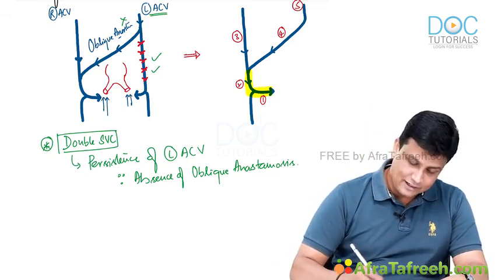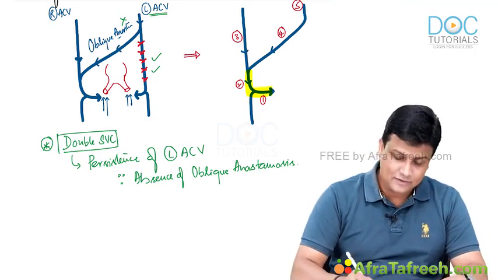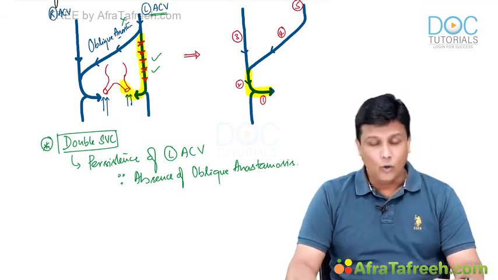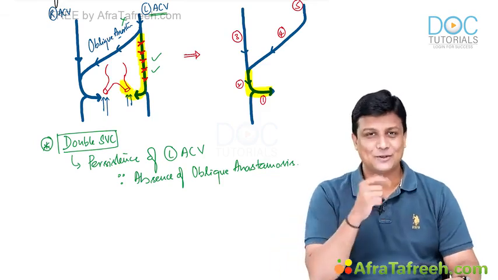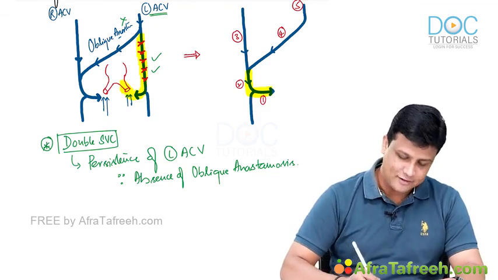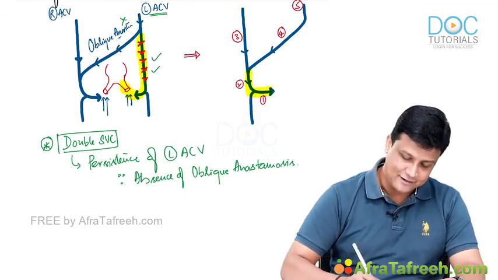So if the left side has a superior vena cava, the left sided superior vena cava will drain into the left horn. And what is that left horn of the sinus venosus going to form? Coronary sinus.